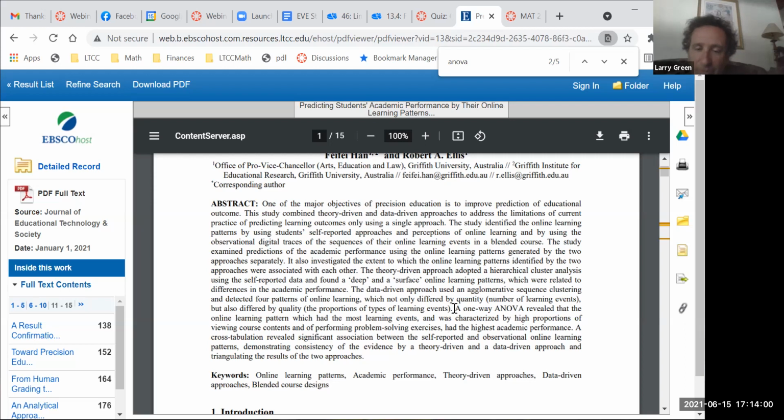I want to emphasize that here's an article, and they're all over the place, where ANOVA was used to show that not all the means are the same, that it does make a difference. In this case, the type of learning events is a factor in academic performance. You'll often hear the word factor to talk about that.